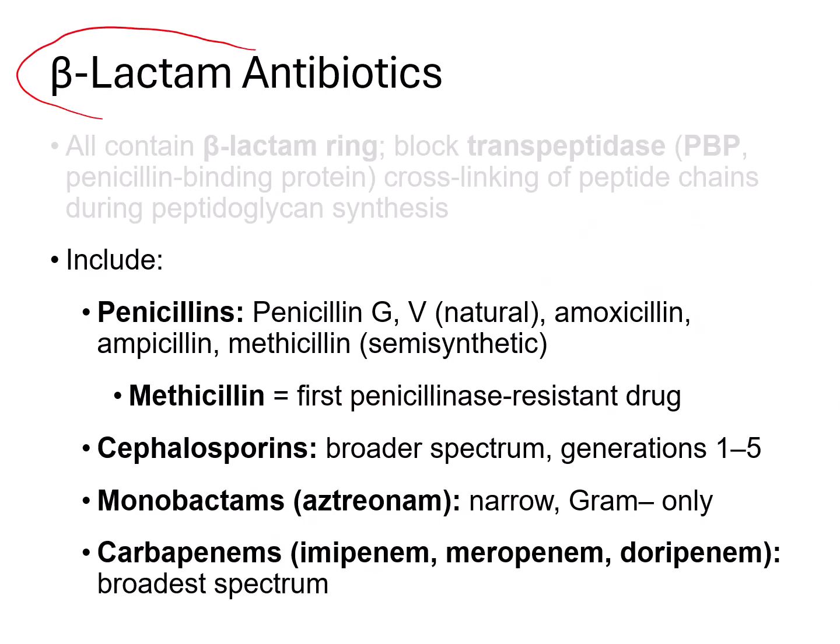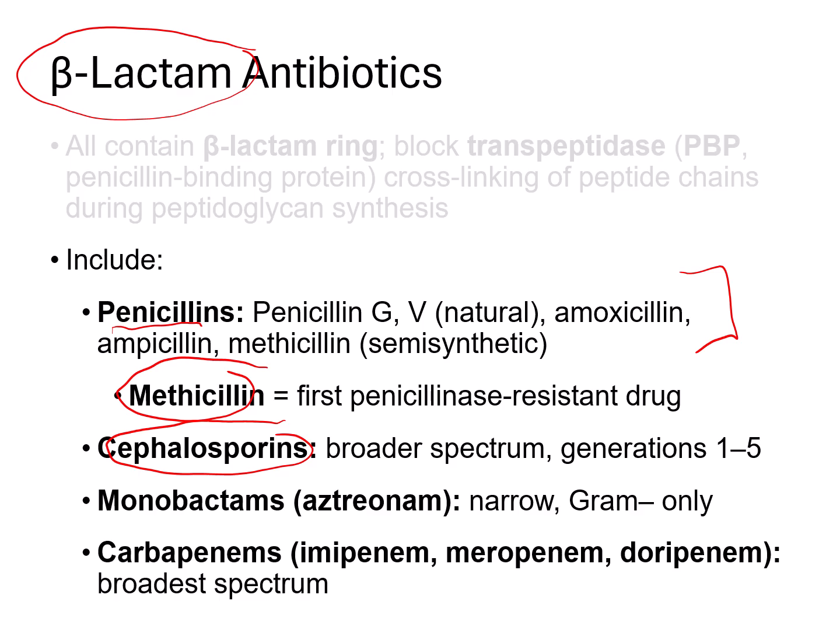The classes of beta-lactams include our penicillins. We have natural and semi-synthetic forms, such as amoxicillin and methicillin. Methicillin is a semi-synthetic penicillin that was developed to address the spread of enzymes that resistant bacteria had, like those beta-lactamases or penicillinases that were inactivating the other penicillin types.